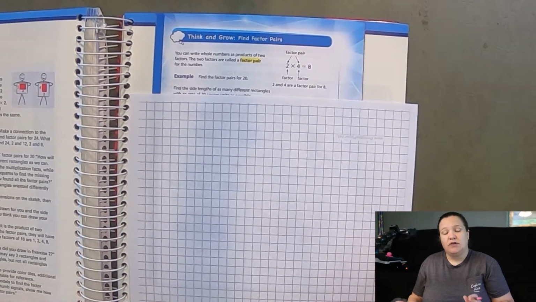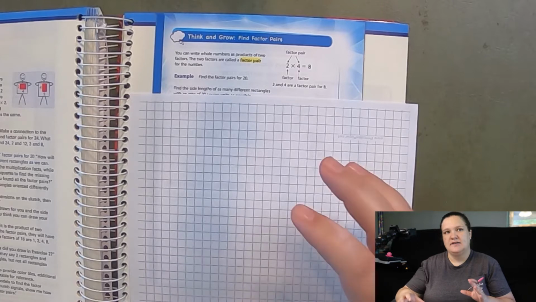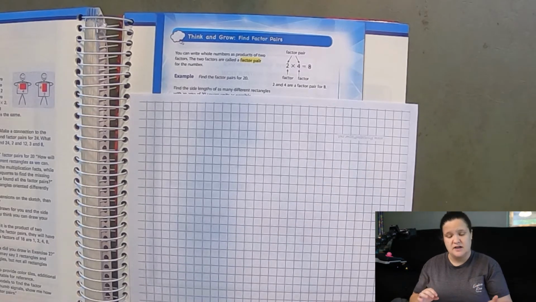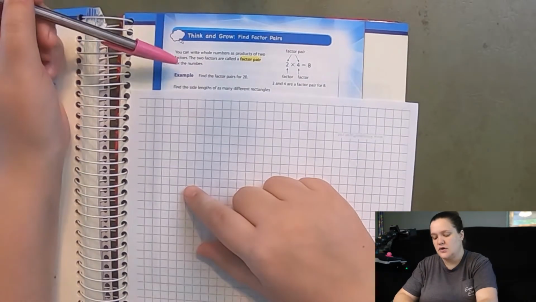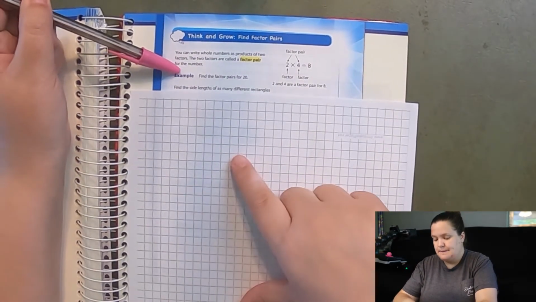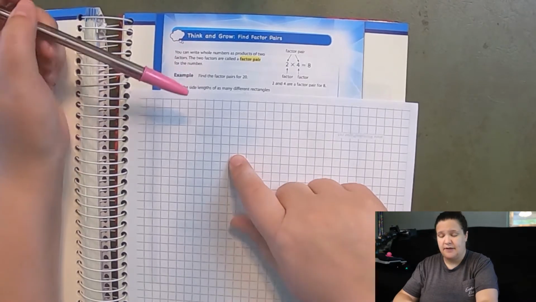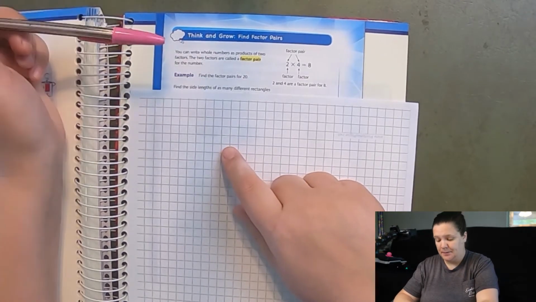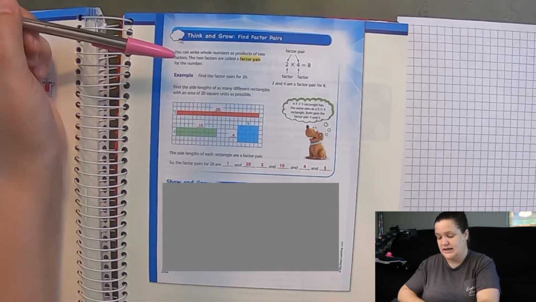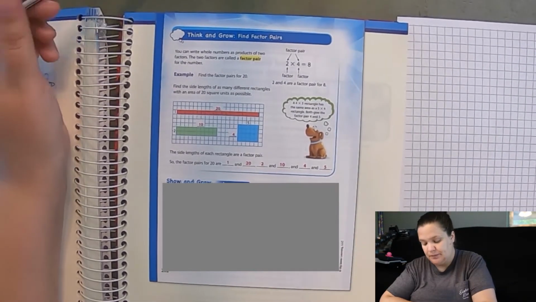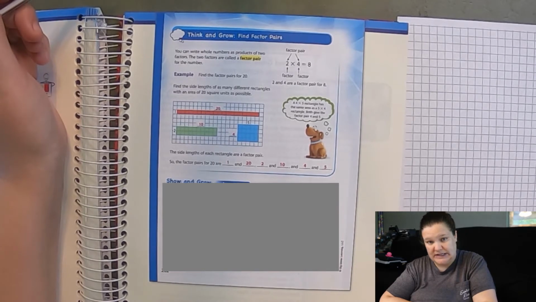We're going to be working with factor pairs, and working some with rectangles, like in the example on the first page, to find factor pairs. In our example, it wants to find the factor pairs of 20. Find the side lengths of as many different rectangles with the area of 20 square units as possible.